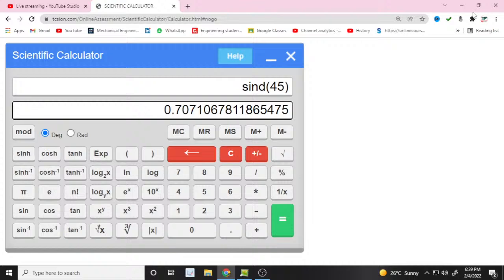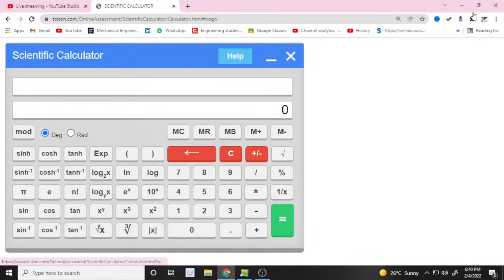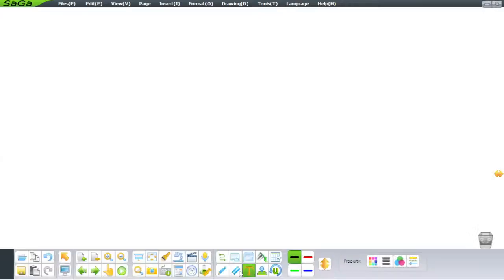You can see 1 by root 2, based on that you get this, right? The values you get are in terms of degrees. If you want to change the mode, you can change it to radian, but normally the scientific calculator gives the value in terms of degrees. And whenever you are doing the next calculation, always clear the screen. So these are the available functions.